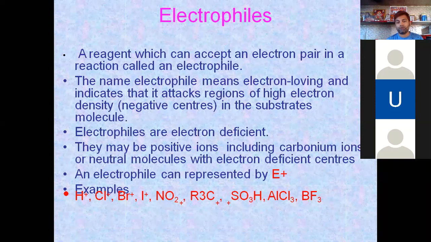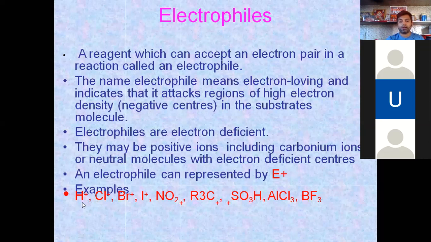Electrophiles are electron deficient. They need electrons. They may be positive ions, including carbocations, or neutral molecules with electron deficient centers. An electrophile can be represented by the symbol E superscript positive.